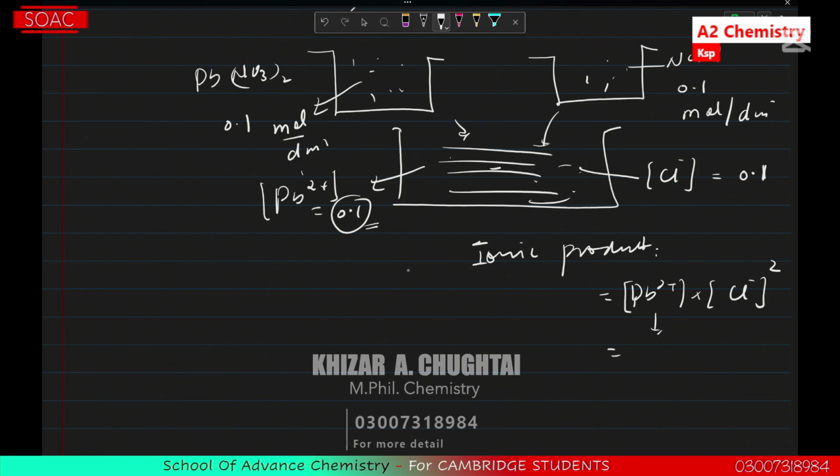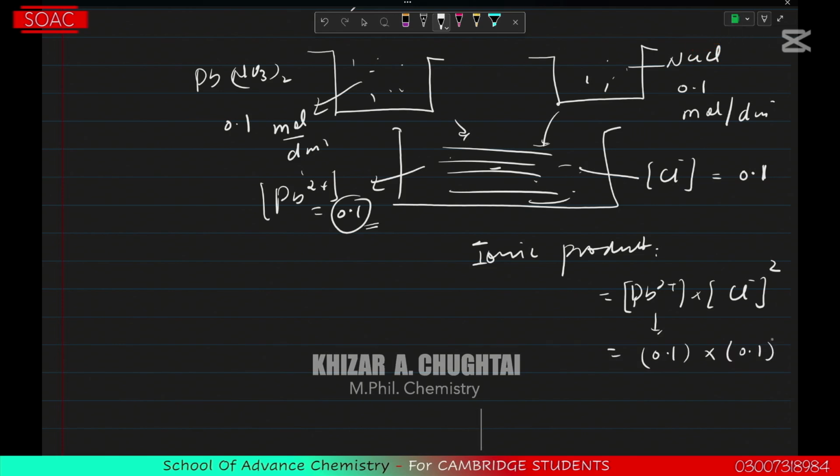In this case, the concentration of Pb2 is 0.1, and here the concentration of Cl is also 0.1, raised to power 2.